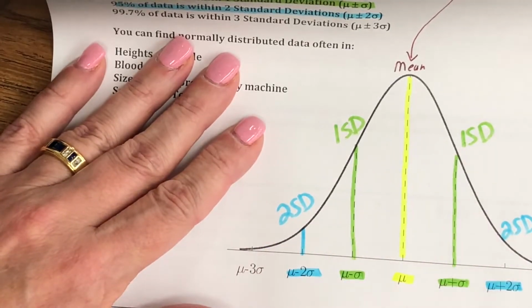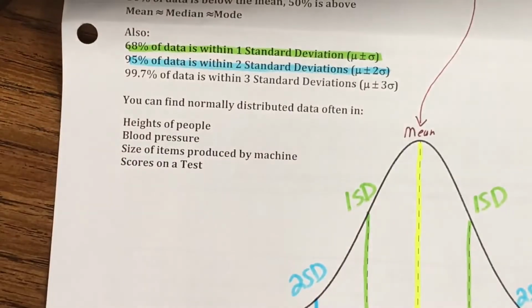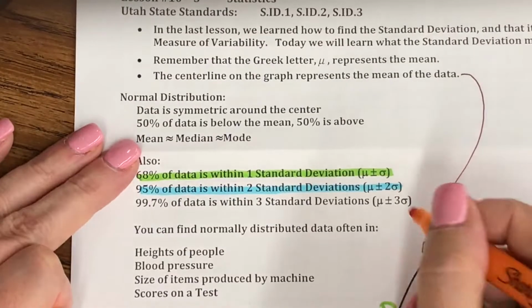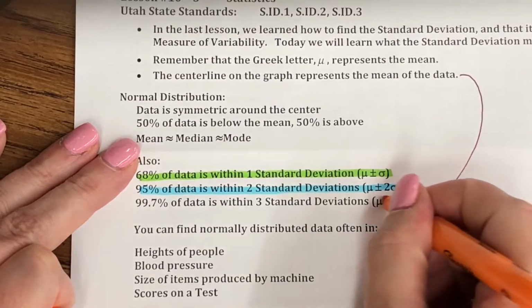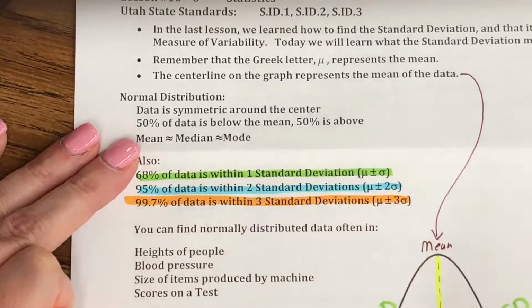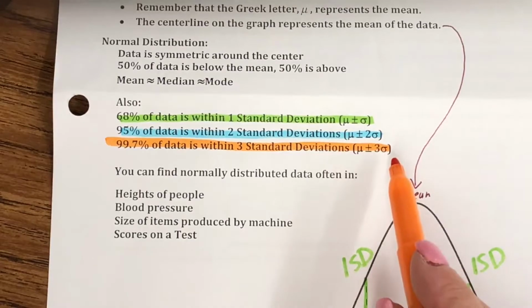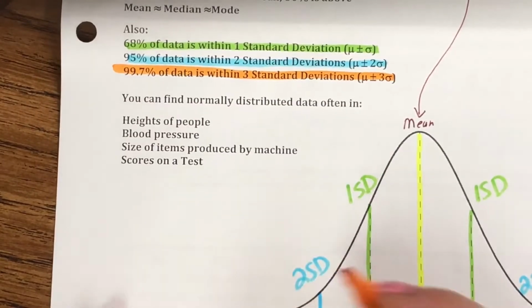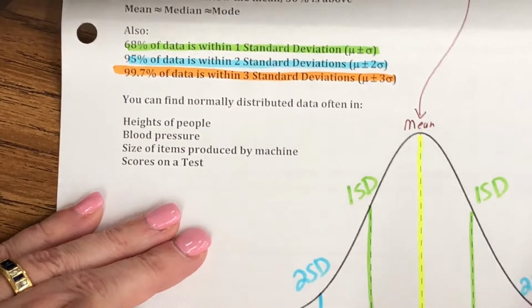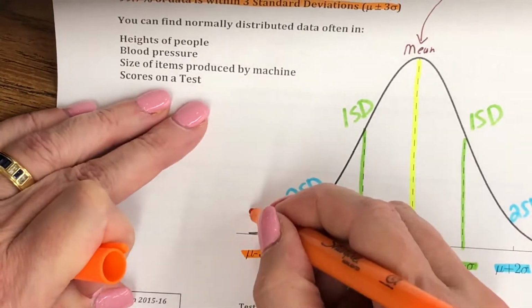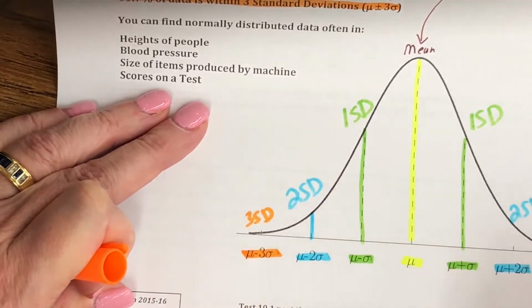Then our last one is 3 standard deviations. 99.7% of the data is within 3 standard deviations, and we find that by mu plus 3 sigma and mu minus 3 sigma. So right here, this one is 3 standard deviations.